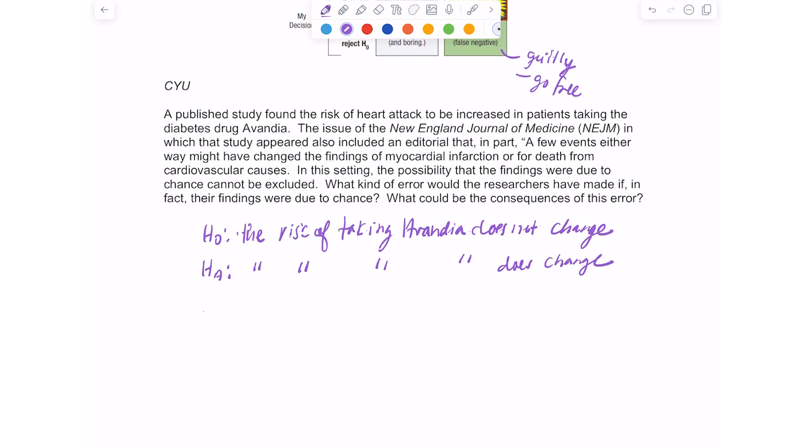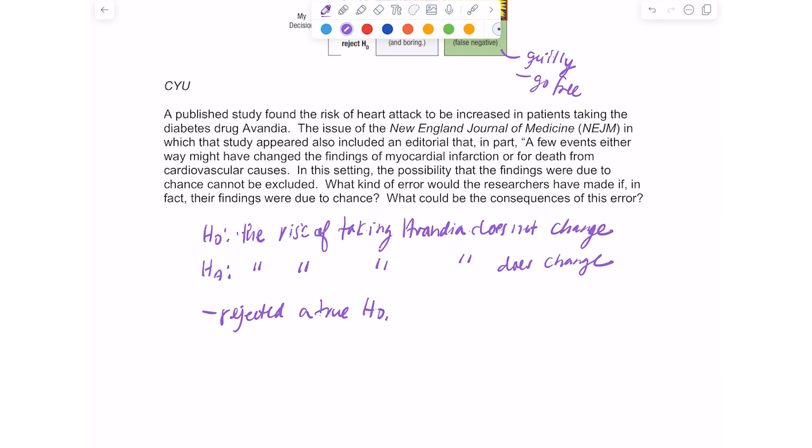So what happened here is the researchers rejected the model and claimed evidence of a higher risk. So in other words, they rejected a true null, which, remember, that's a bad thing. So the risk didn't change with these patients taking the diabetes drug Avandia.